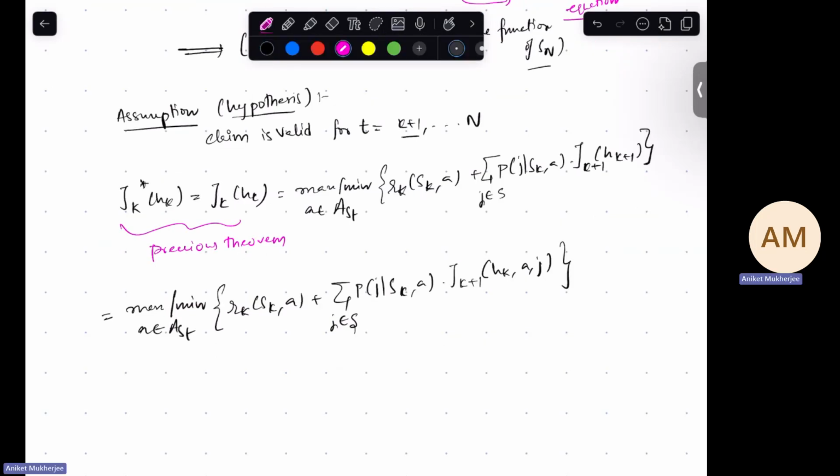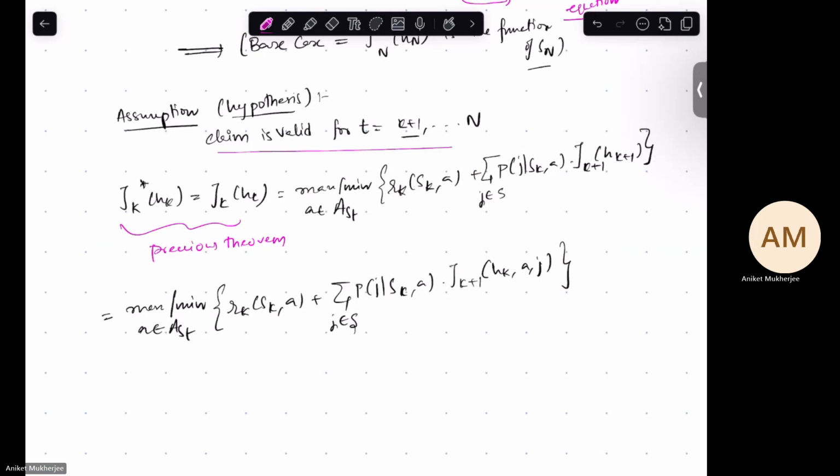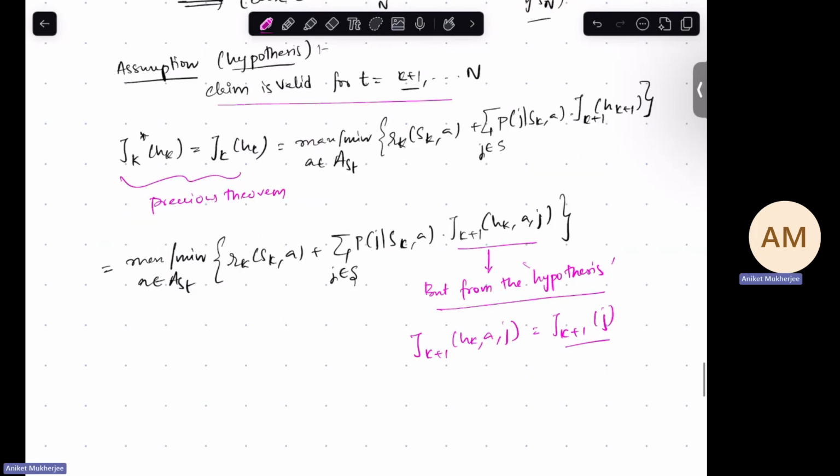But from the hypothesis, we know that J_{k+1} of (h_k, a, j) is just a function of j, right? So you can replace that here.